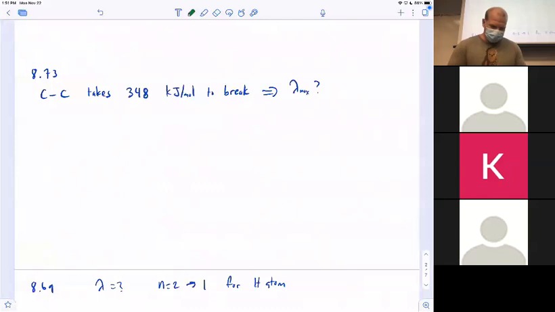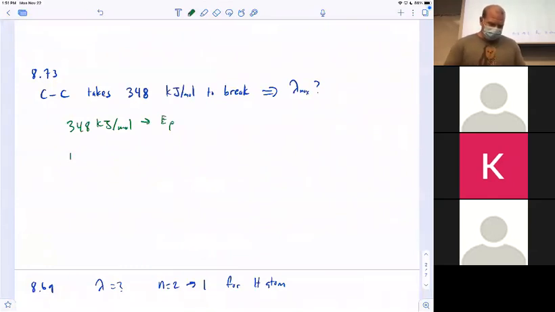So convert 348 kilojoules per mole into energy per photon.